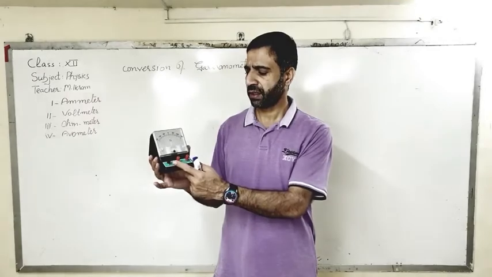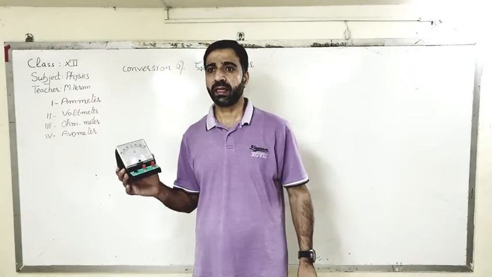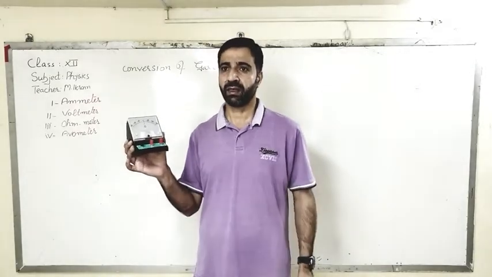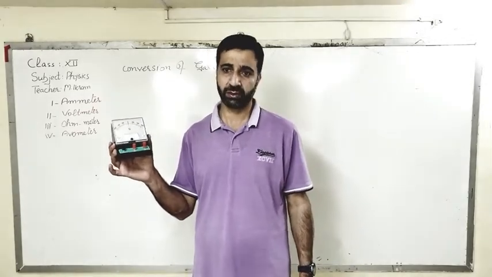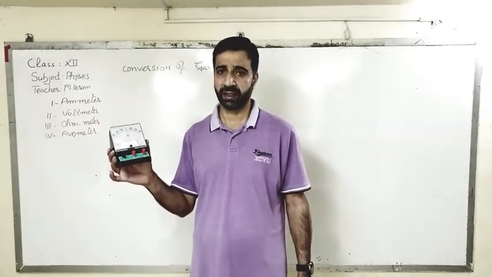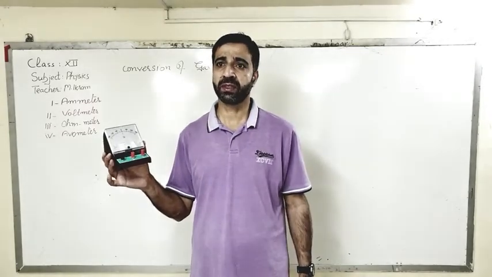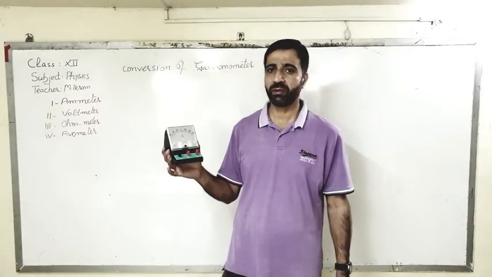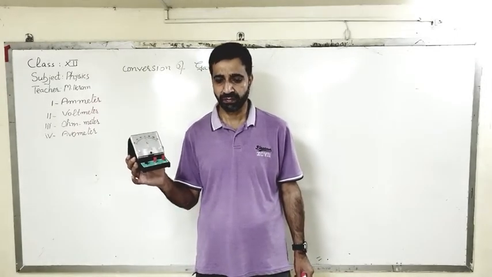And you see the terminal of the galvanometer also. And I told you that if you want to measure or detect the current in the circuit, then galvanometer will be connected in series within the circuit. So you have to break the path for inserting the galvanometer. And if you want to measure the EMF of the source or the terminal potential difference, then the galvanometer will be connected in parallel across the device.